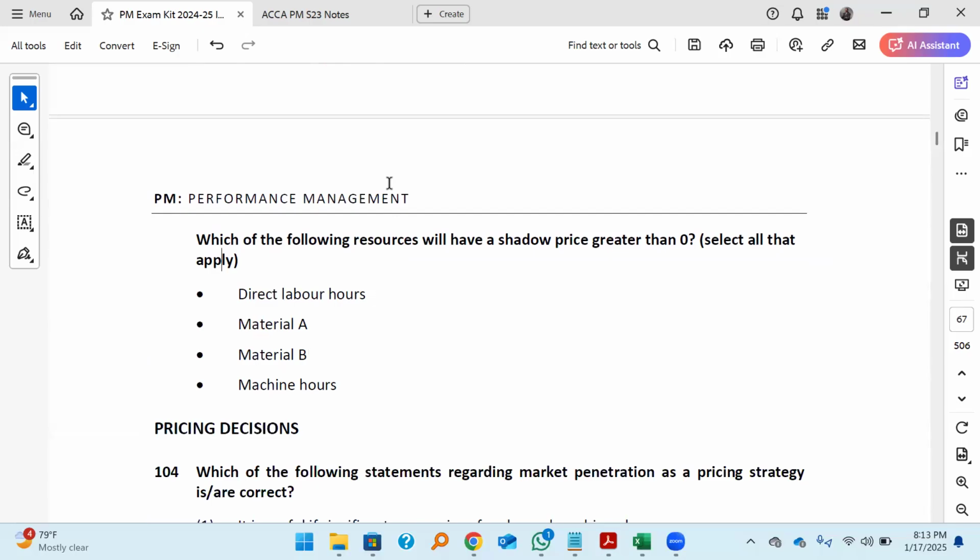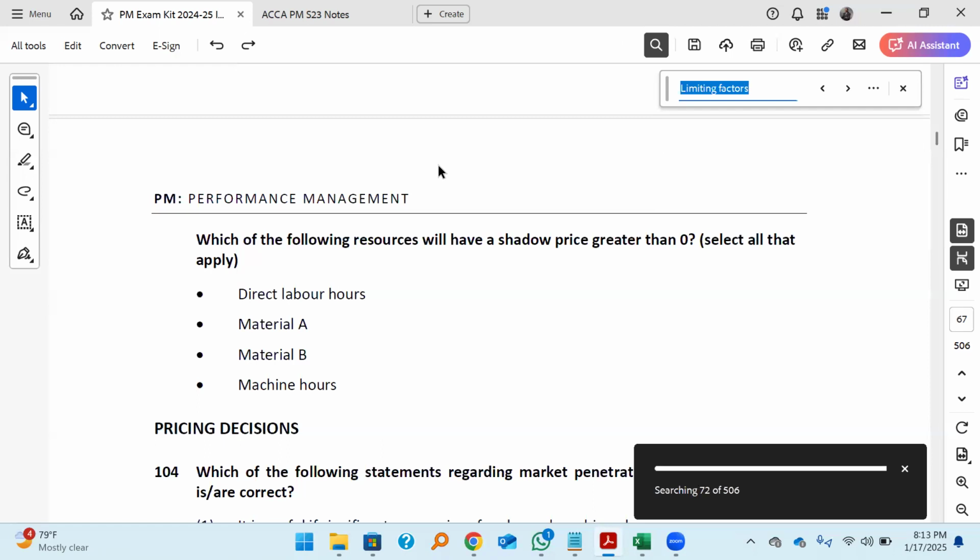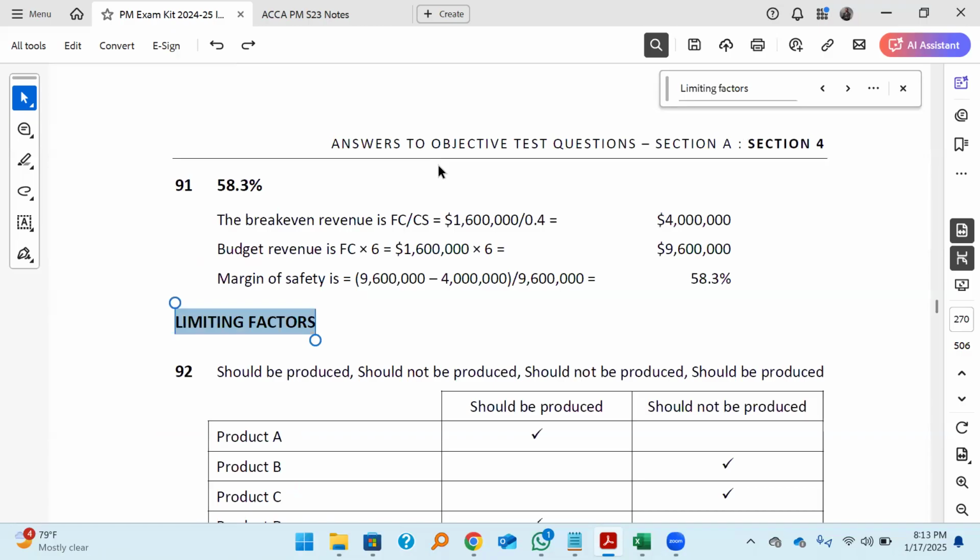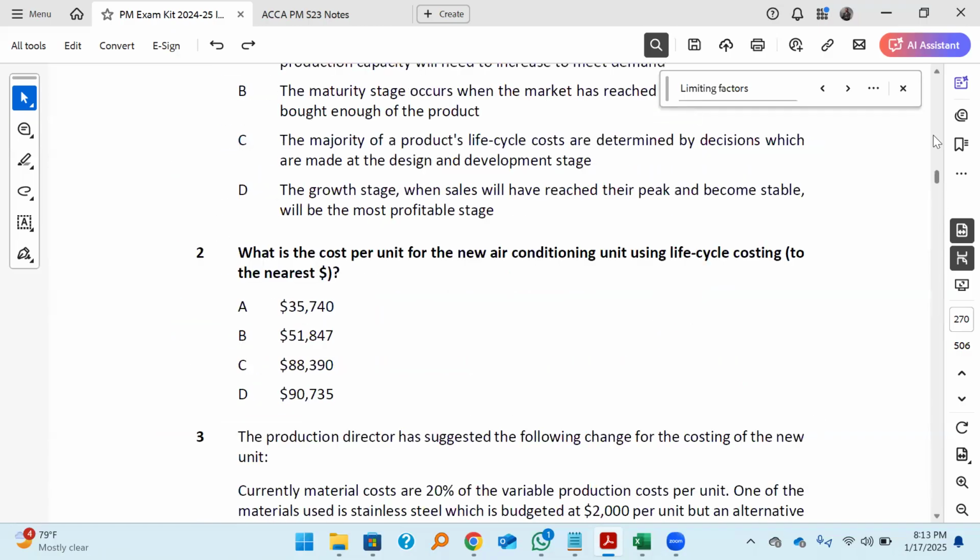Yes, it is. Okay, so let me see if we have limiting factors in section B so that we can also handle those ones.